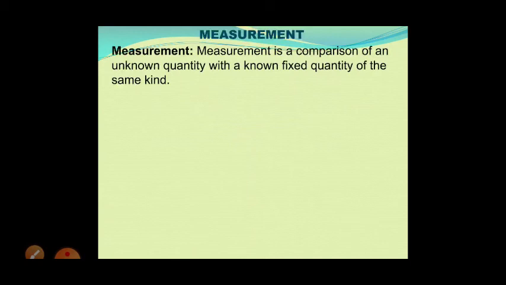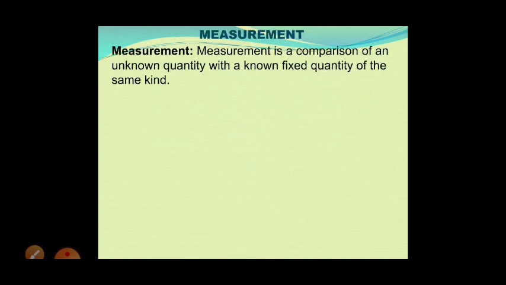That is nothing but measurement. Like if we have a ruler, we can find the length of a thread. The known fixed measurement is the ruler and the unknown measurement is our thread. Like that we can measure our height, we can measure our weight.